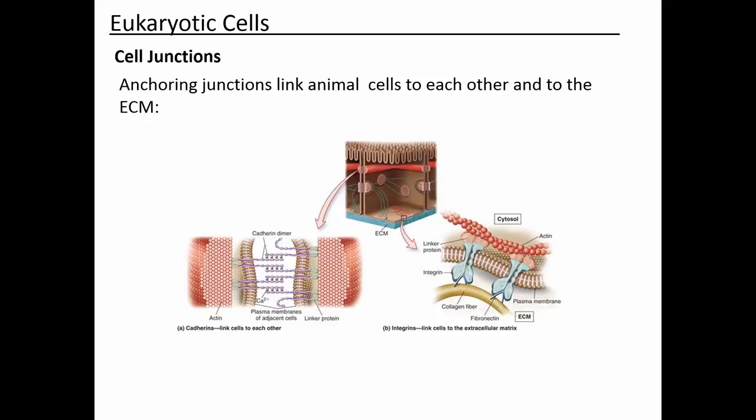So this is just showing you this integrin binding to collagen. And then on the inside of the cell, again, the integrin is going to be linked to the cytoskeletal filament through an adapter protein. So those are just the two types of proteins that are involved in the different types of anchoring junctions that we just talked about.